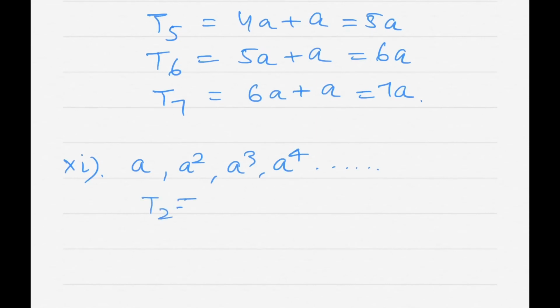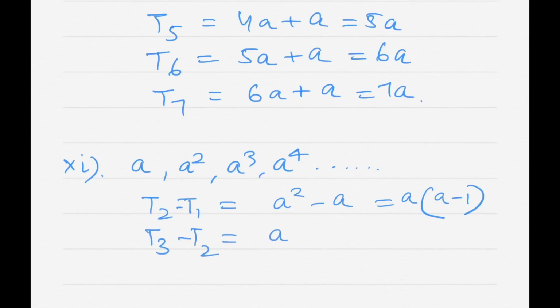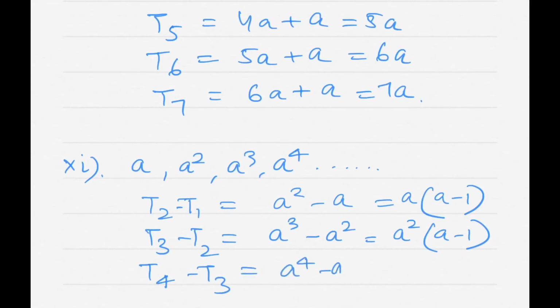T2 minus T1 will be equal to A square minus A, so A is common and A minus 1. T3 minus T2 will be equal to A cube minus A square, so A square is common and A minus 1. Then T4 minus T3 will be equal to A4 minus A cube, so A cube is common and A minus 1, right?